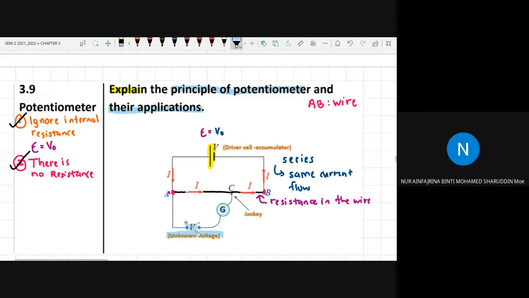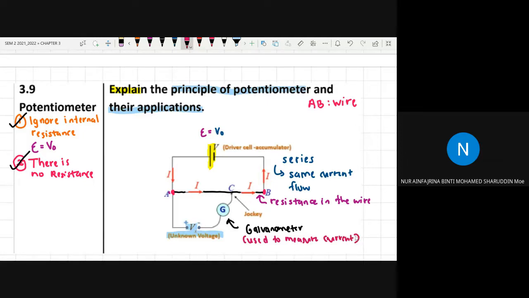And then this unknown voltage Miss akan pasang dia dekat galvanometer. So this is galvanometer. So what is the function of galvanometer? Function of galvanometer adalah untuk measure current. Okay, galvanometer is used to measure current.